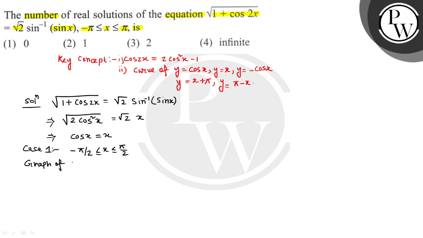The graphs here are y equals cos x and y equals x. They intersect only one time, because both curves intersect only once.